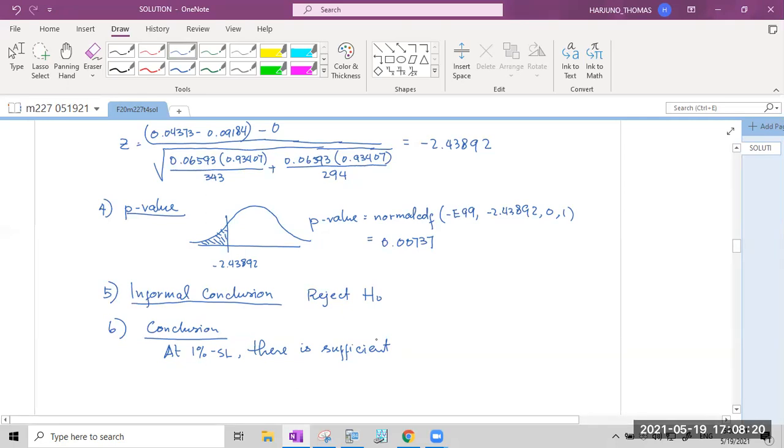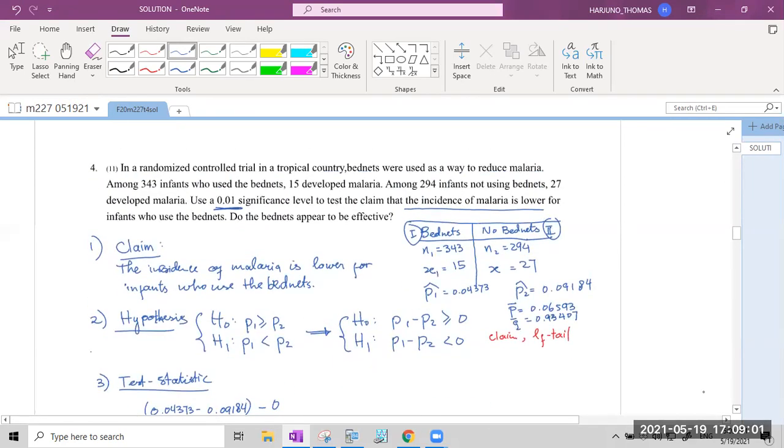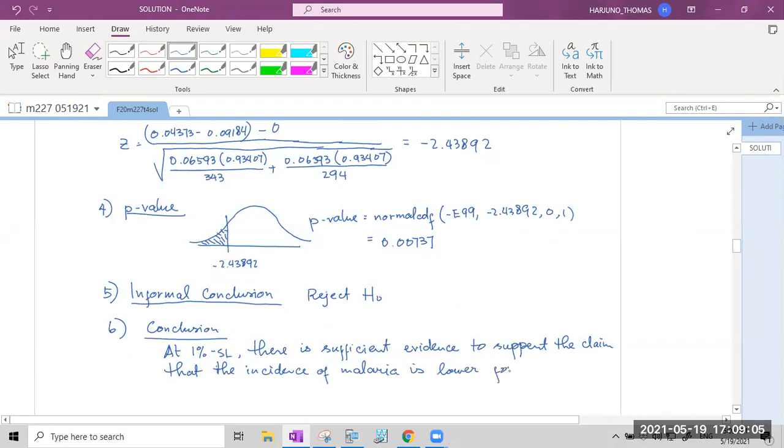So they use the word very, very significant evidence to support the claim that the incidence of malaria is lower for infants who use bed nets.